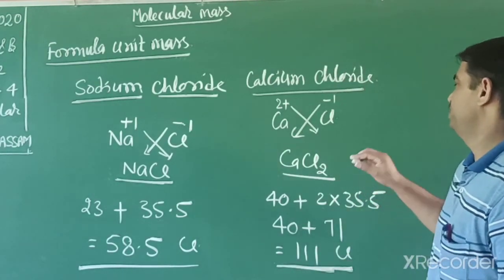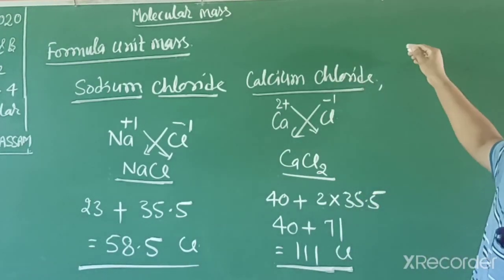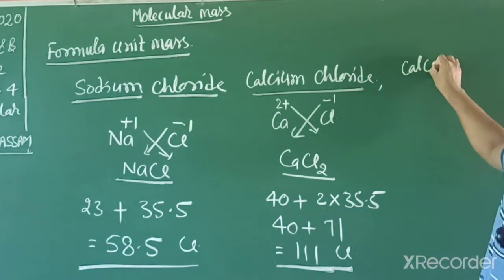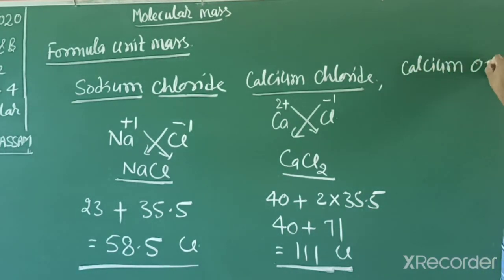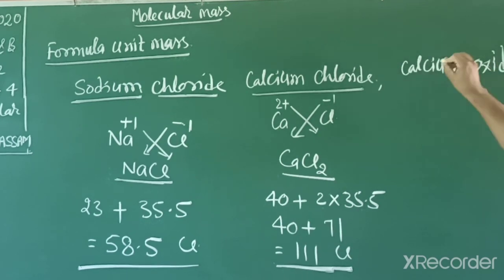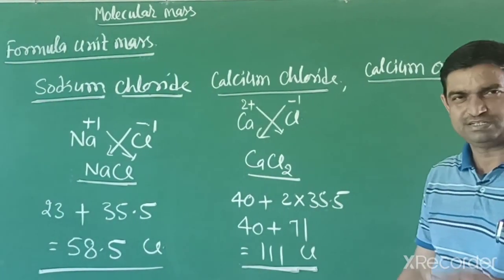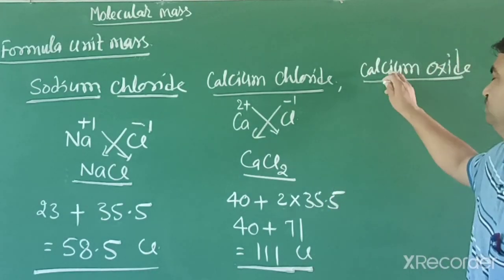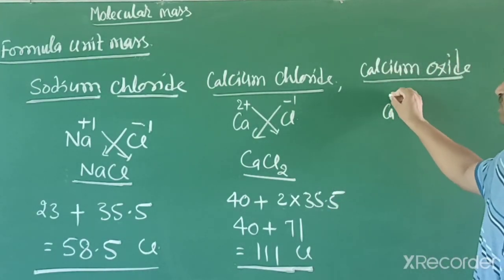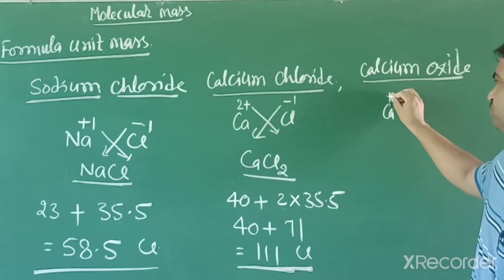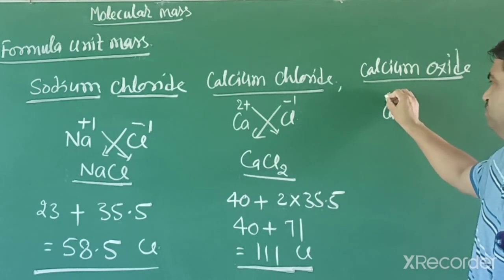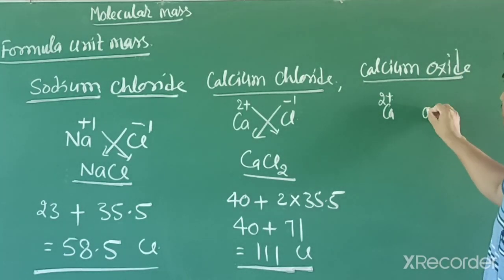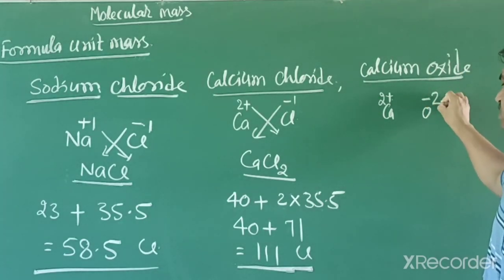Like formula unit mass, if we find calcium oxide, at first you write the accurate formula. Calcium charge is plus 2 or 2 plus, you can write it either way, and oxygen charge, oxide, is minus 2.